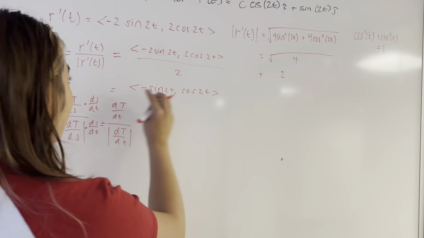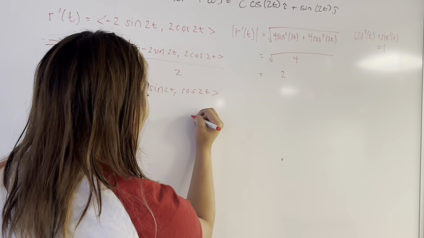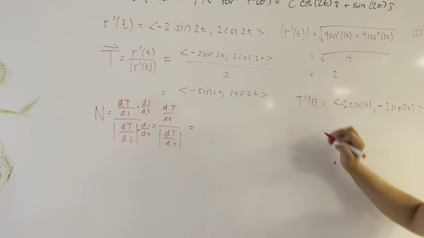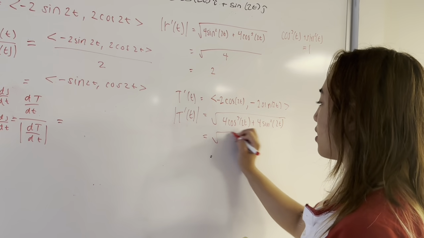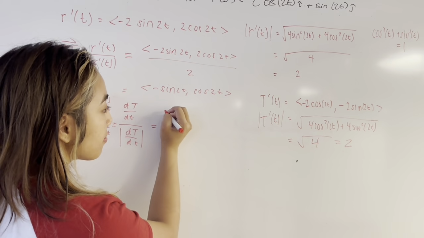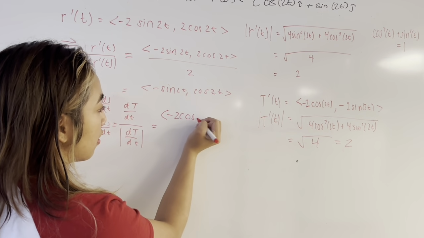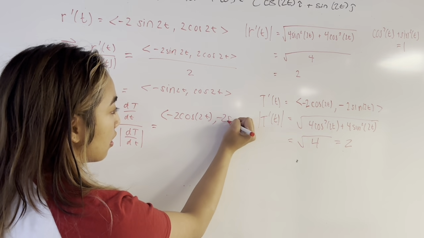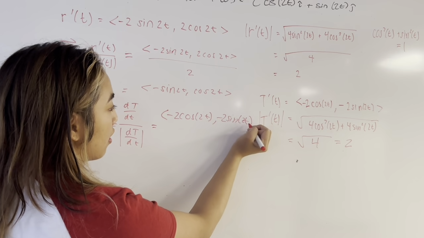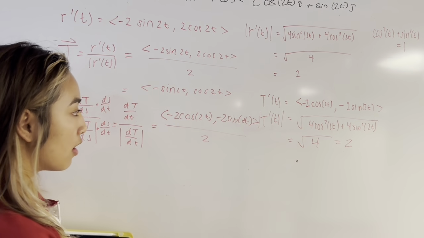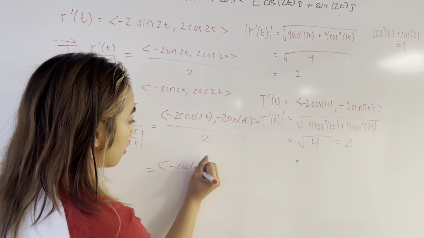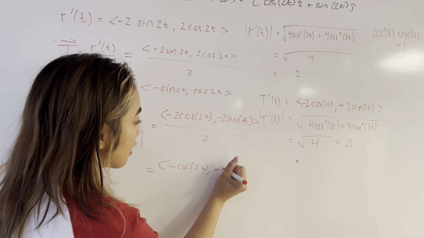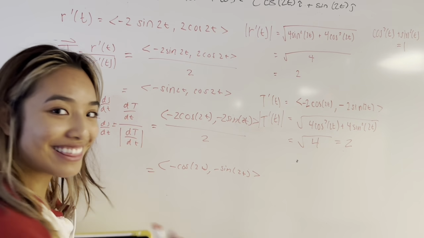So let us find N. Taking the derivative of T, we get, and then we can find the magnitude of T prime, and then that would equate to negative 2 cosine 2t, negative 2 sine 2t, all over 2, which simplifies to negative cosine 2t, and then negative sine 2t.